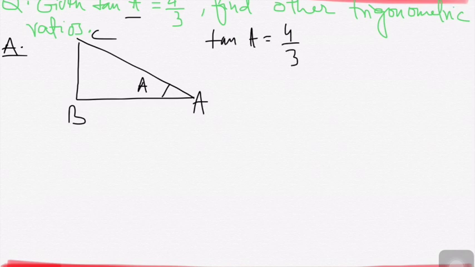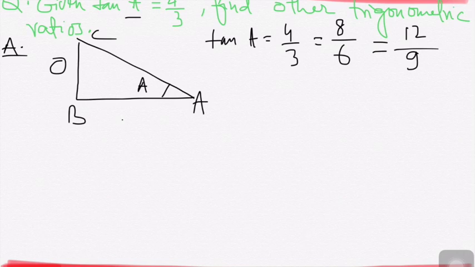Tan A is given as 4 by 3. We can easily say that it can be written as 8 by 6, or 12 by 9. So these sides can be multiples of 4 and multiples of 3. What do we know? Tan A is nothing but opposite by adjacent.